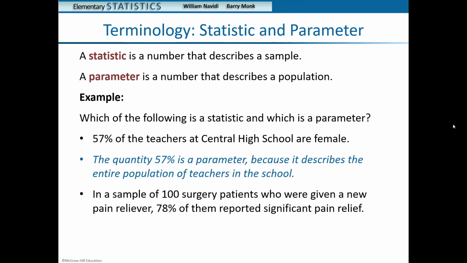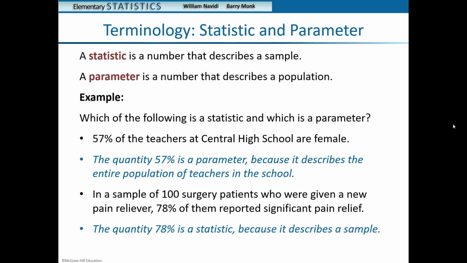The first statement here, though, is a parameter because the 57% is based off of the entire population of teachers in the school, right? It's based off of a population. In the second statement, this is a statistic because the 78% number is based off of a sample of 100 patients, right? It's not based off of the entire population, but a subset or a sample.